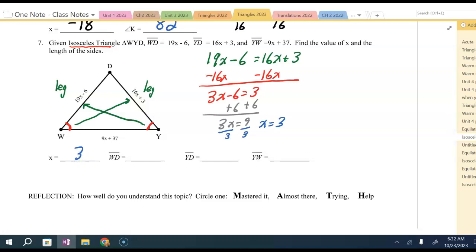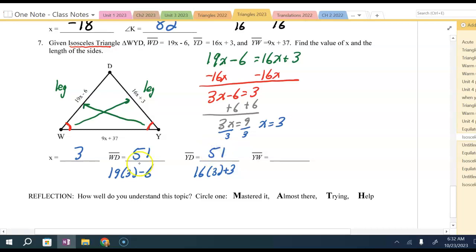Now to find each side, we need to substitute the value of 3. So WD is 19 times 3, take away 6. Doing that, I get 51, and it's a side, so there's no degrees. YD is 16 times 3 plus 3. Using my calculator, I get that to be 51.